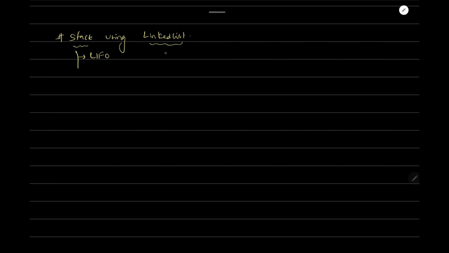It basically follows the LIFO principle, that is last in first out principle. And when we are implementing it using the linked list, we need to understand the properties of linked list.